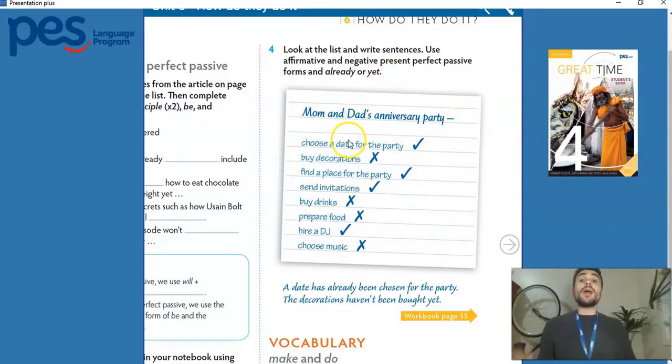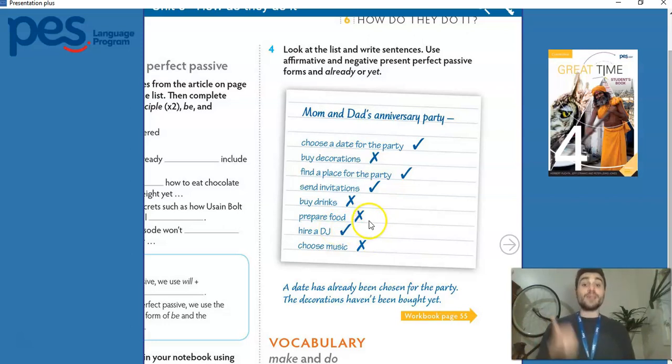So here we have Mom and Dad's anniversary party. We have: choose a date for a party, check, so affirmative. Buy decorations, not ready, so negative. Find a place for the party, check, affirmative. Send invitations, check, affirmative. Buy drinks, negative. Prepare food, negative.